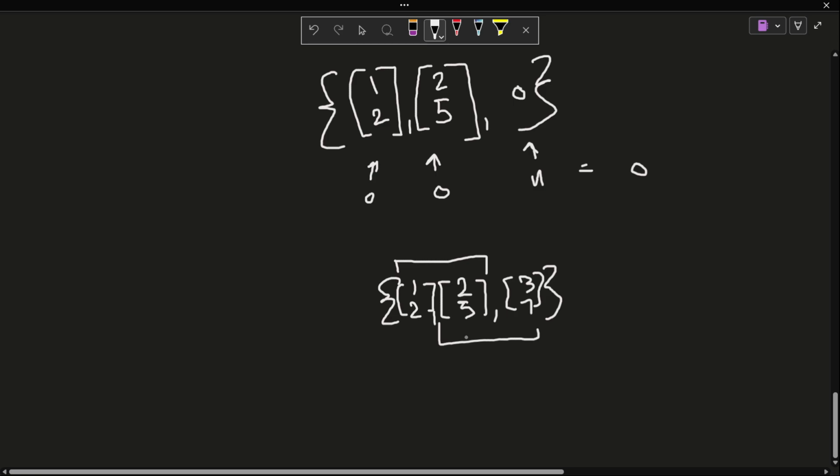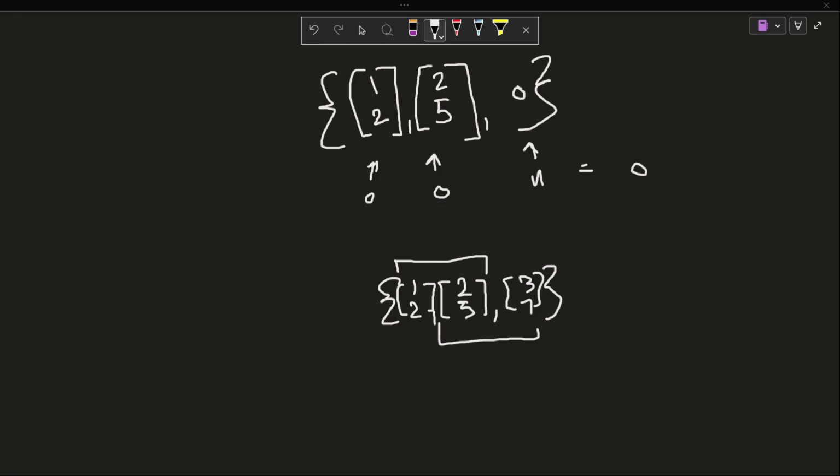Linearly independent means that you can't make any of the vectors from the others. So because that's true, even if you cherry-pick any two, it's not going to hold true.